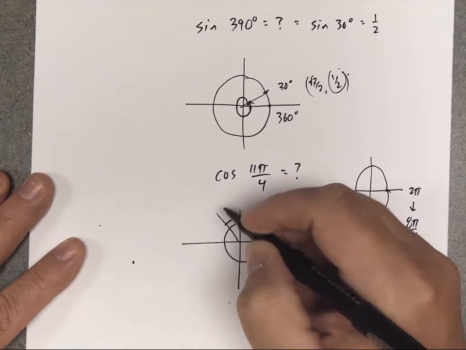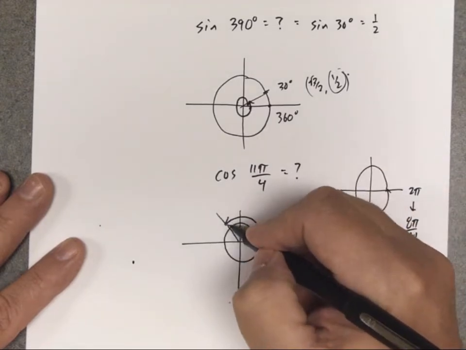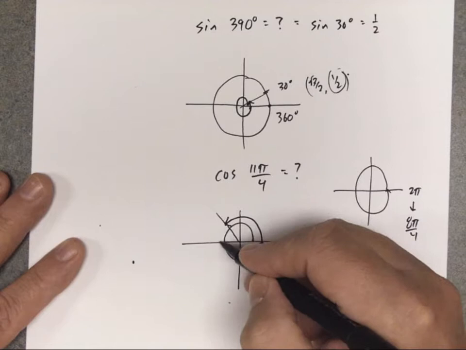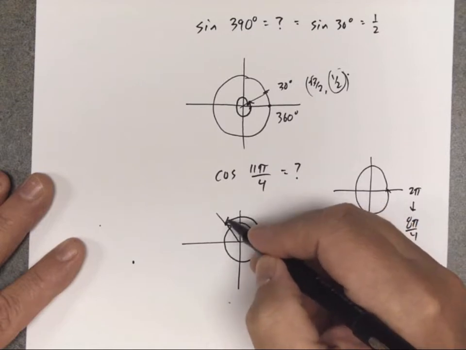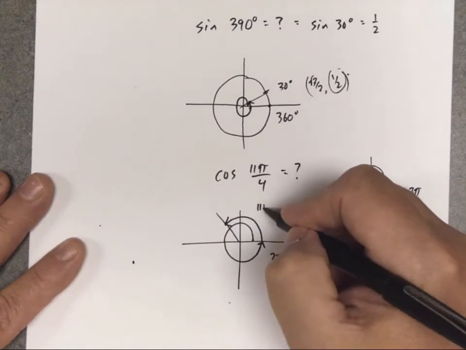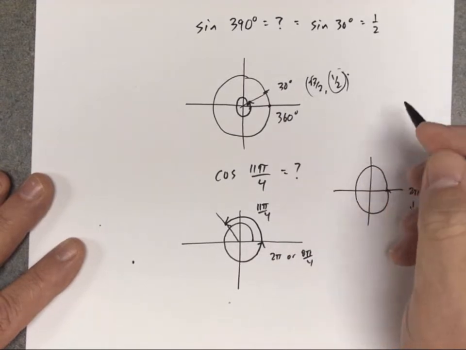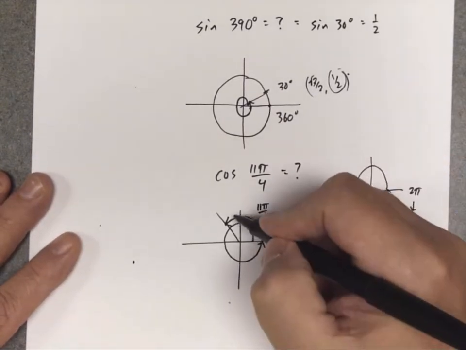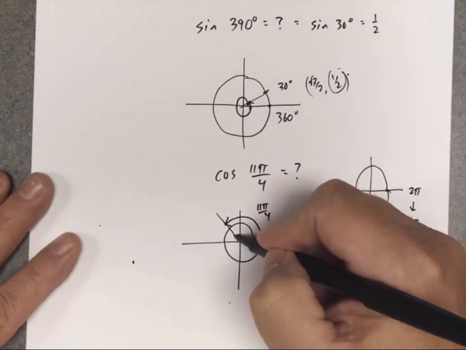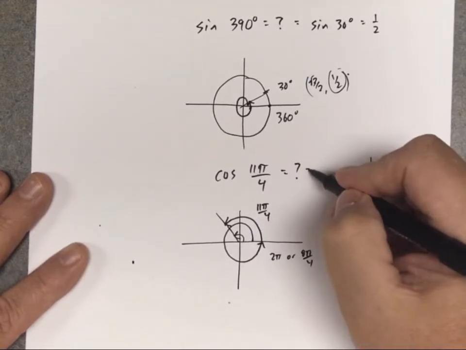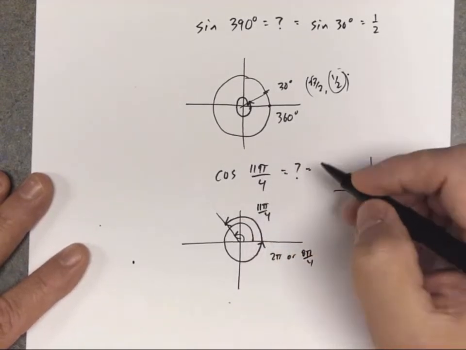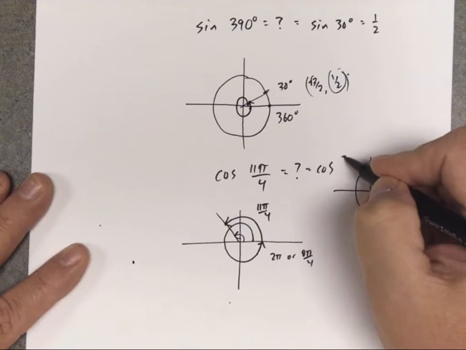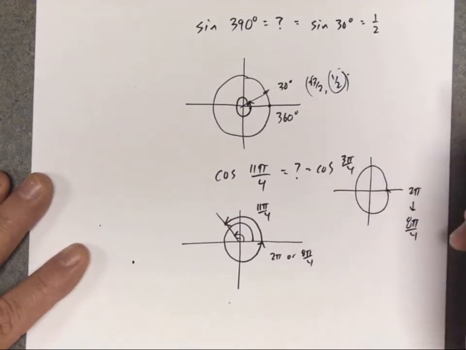Three pi over 4 is right here. So you go all the way around once, and you go 3 pi over 4 more, and there's your 11 pi over 4 angle. Although really, this angle here is 3 pi over 4, so really cosine of 11 pi over 4 is going to be the same thing as cosine of 3 pi over 4.